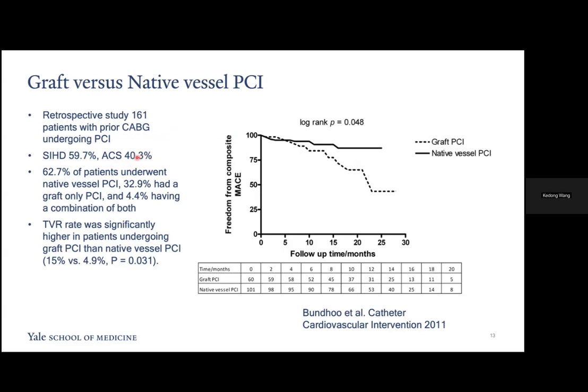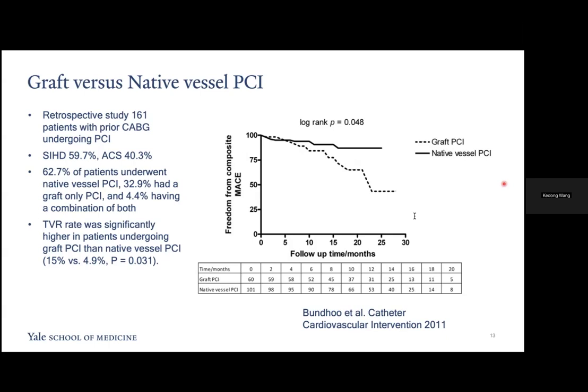On the other hand, more of the ACS presentations were in the group that had vein graft PCI compared to native vessel PCI. So, unlike the previous study, this was a much smaller study of 161 patients, with a sizable number of ACS patients.